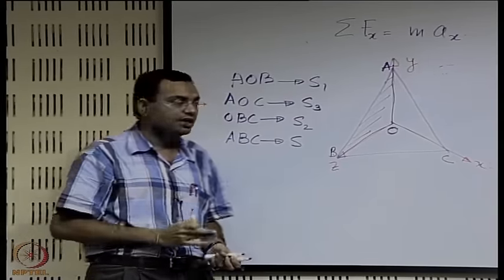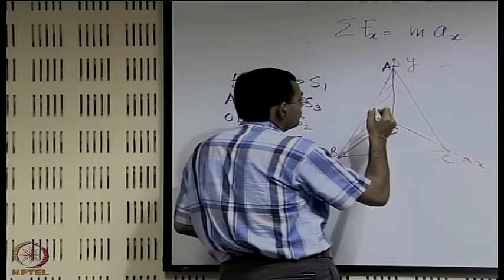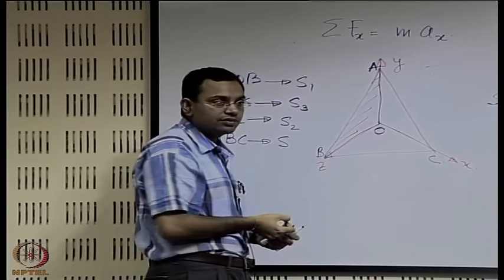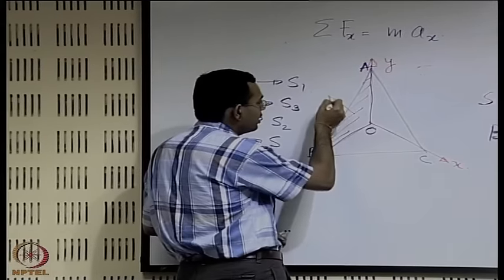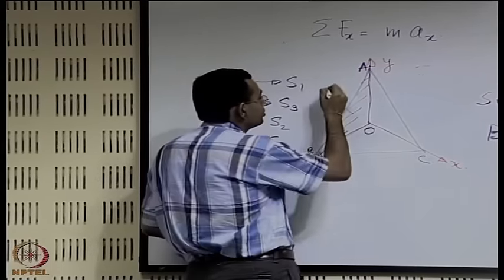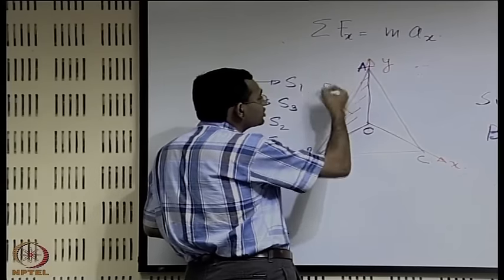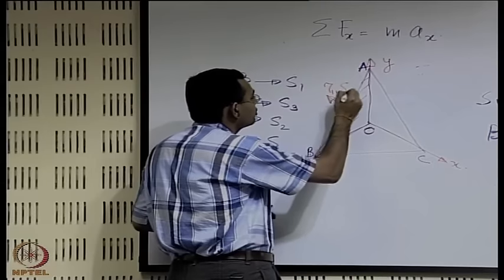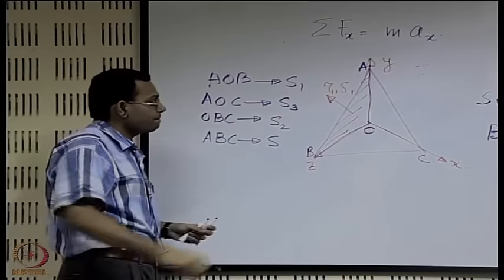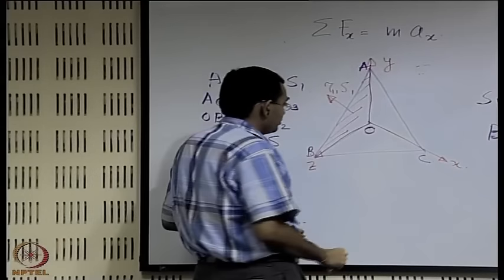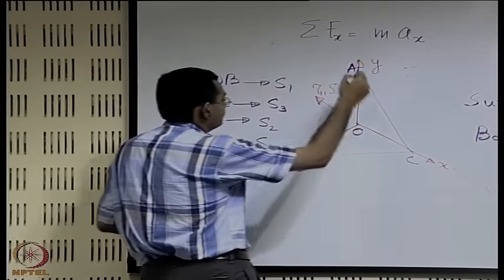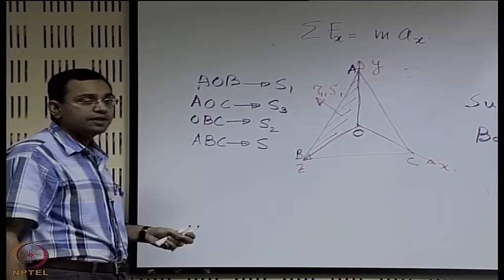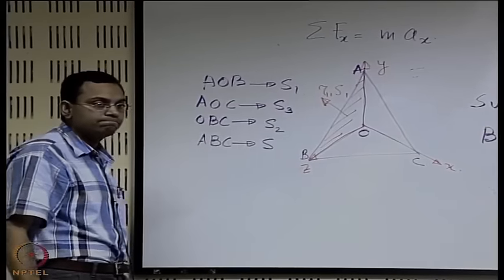Tau 1 1, right. What would be the positive sign convention direction of tau 1 1? Along this. So tau 1 1, this is the force per unit area. What is the area on which it is acting? S1. Similarly for S2, what is the force which is acting along 1?